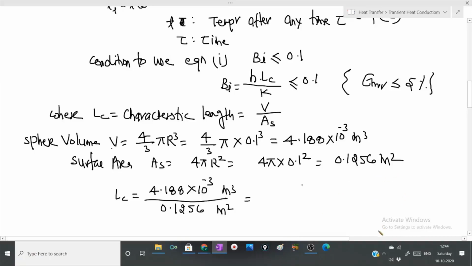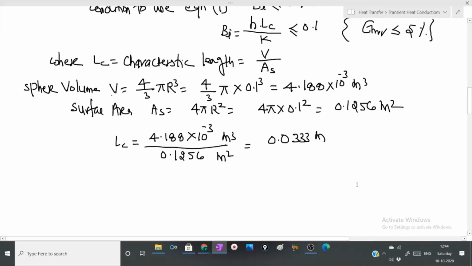So I will get this value, 0.0333 meter. Okay. So after having the value of the characteristic length, now let us calculate this Biot number.